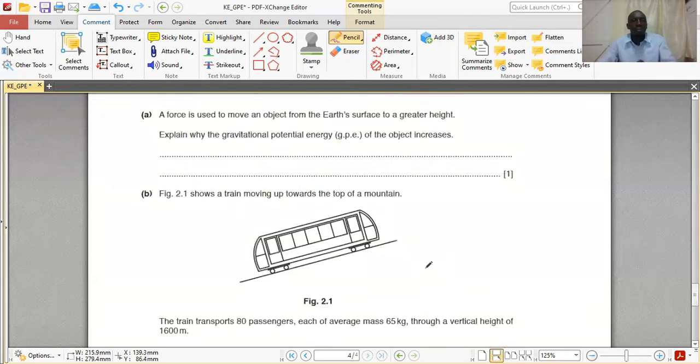There's another question here. A force is used to move an object from the Earth's surface to a greater height. Explain why the gravitational potential energy of the object increases. There are a variety of reasons you can put here.